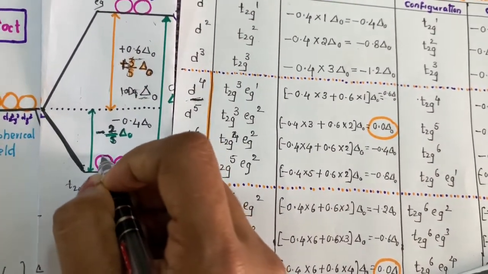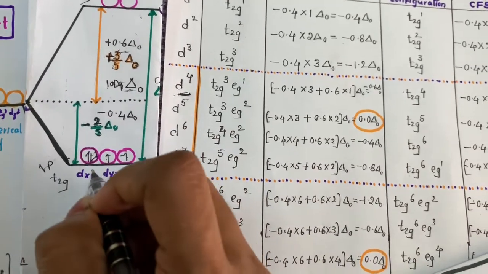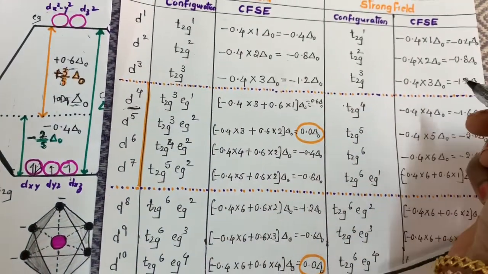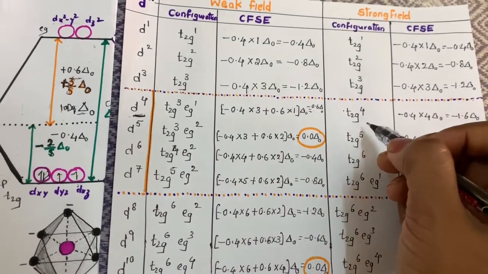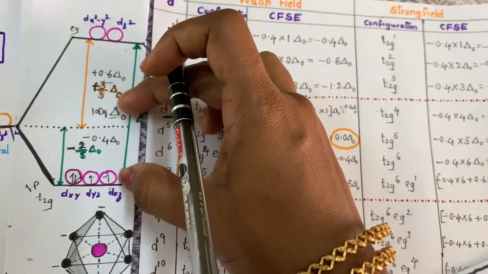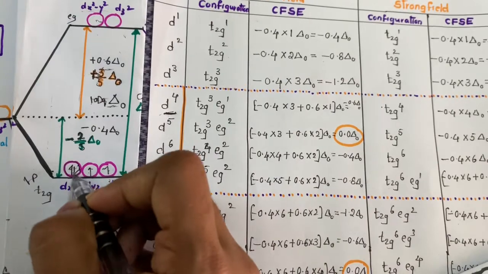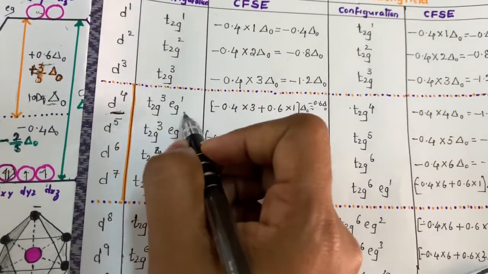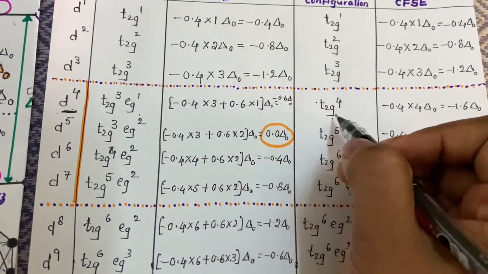So there is one pair of electrons present, one pairing energy also there, and the electrons in t2g become t2g4 in the case of strong field, whereas in weak field it is the opposite. In weak field the difference is very low, so the electron can easily jump from t2g to eg level. So t2g3 and eg1. So for the weak field you write t2g3 eg1, whereas for the strong field all the electrons enter t2g4.